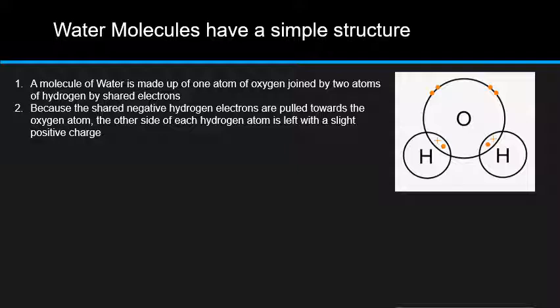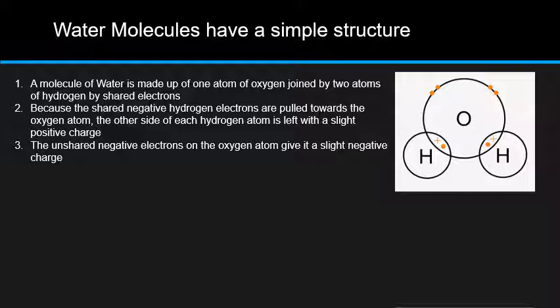Now, because the shared negative hydrogen electrons are pulled toward the oxygen atom because it's a big atom, the other side of the atom is left with a slight positive charge. So this side of the atom is basically negative, and this side of the atom is positive. And the unshared negative electrons on the oxygen atom give it a slight negative charge. So that's why on this side it's mostly negative, and this side it is positive.